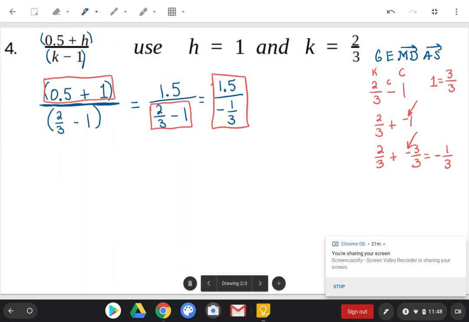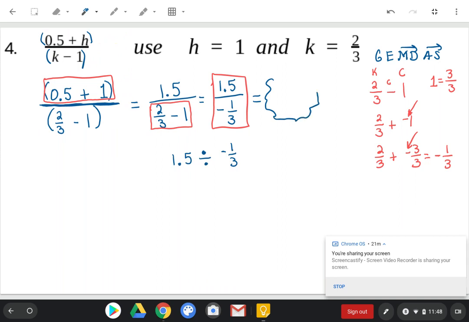It means the same thing. We are trying to take 1.5 and divide it by -1/3. Okay, let's remember our integer rules. We have a positive number divided by a negative number. So our answer, whenever we get that answer, is going to be negative. I'm just going to put that negative sign there so I don't forget it.